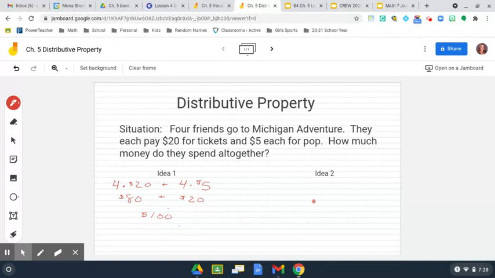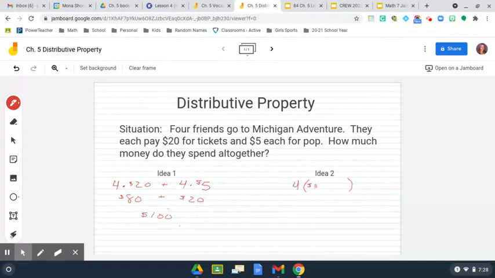Now, idea 2. How does that look a little differently? What's a different way I could write this? Well, when I look at idea number 1, I notice 4 is in common with both the tickets and the pop. And so if I were to set this up as a distributive property problem, I'm going to put that 4 on the outside of the parentheses, knowing I have to multiply it by everything inside the parentheses.